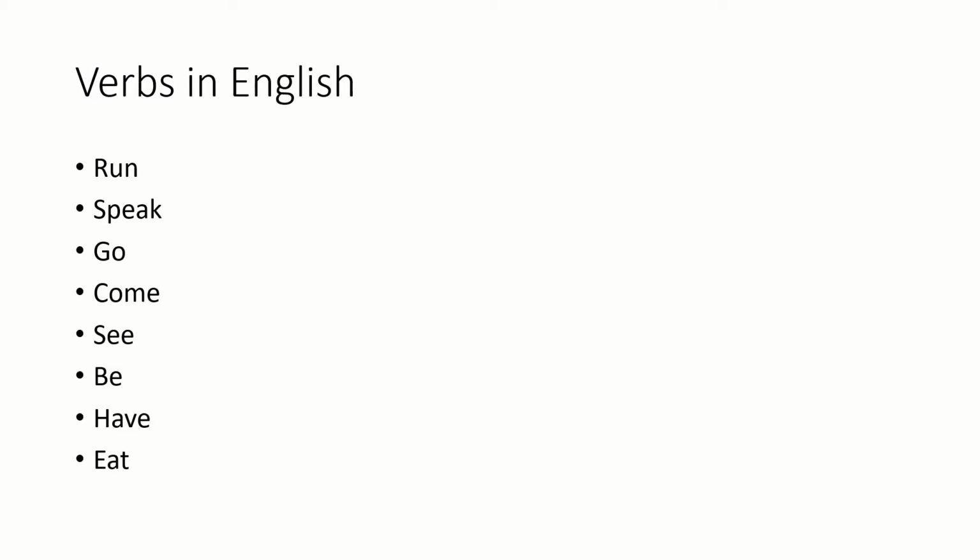So these are the 8 verbs in English that I'll be teaching you how to say in German. So we have run, speak, go, come, see, be, have, and eat. Now this is just the definition version, not past tense or present tense.